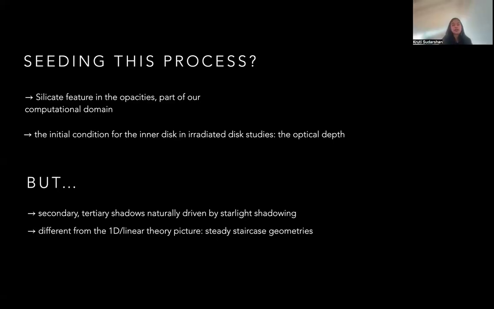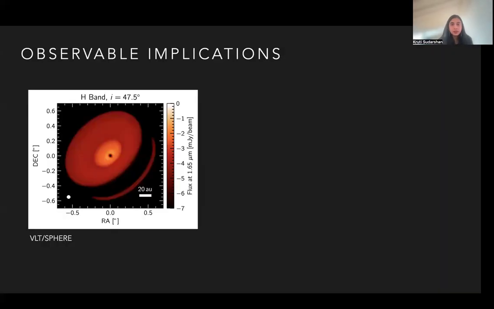But that being said, the secondary and tertiary shadows are naturally driven by starlight shadowing. And this is quite different from the 1D linear theory picture that was previously mentioned. Hence, it's really important for any of the processes that have been looked at in 1D to be studied in 2D, to see whether this is even realistic.